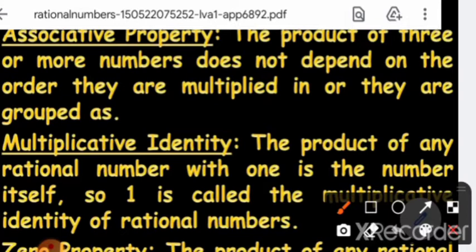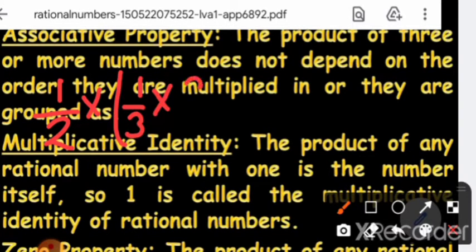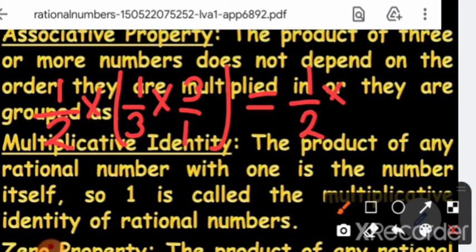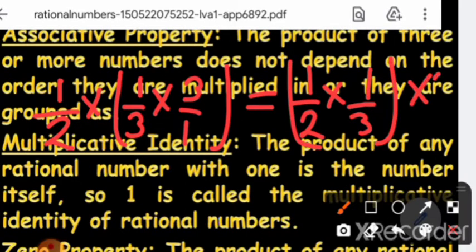Three numbers, 1 by 2 into 1 by 3 into 3 by 1, is equal to 1 by 2 into 1 by 3 into 3 by 1 grouped differently. If both conditions give LHS equal to RHS, it means the associative property is fulfilled for three rational numbers.